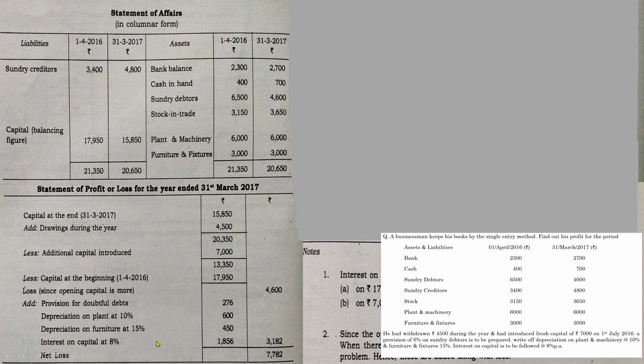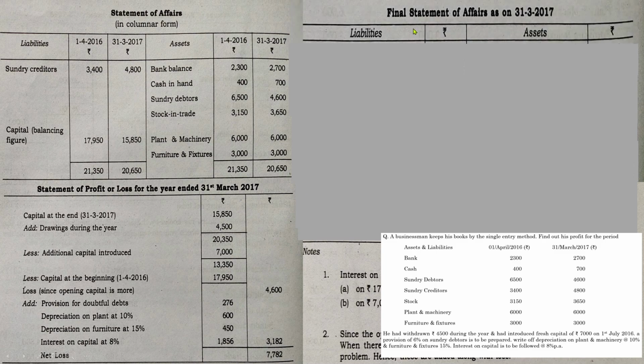Actually in this question you need to find only until this point, because in the question you are asked to find net profit or net loss. So you need to prepare only up to here. There is no information regarding preparation of the final statement of affairs, but for the time being let us discuss how to prepare it. You need not worry about it. Just for the time being we are discussing the final statement of affairs as on 31/3/2017.